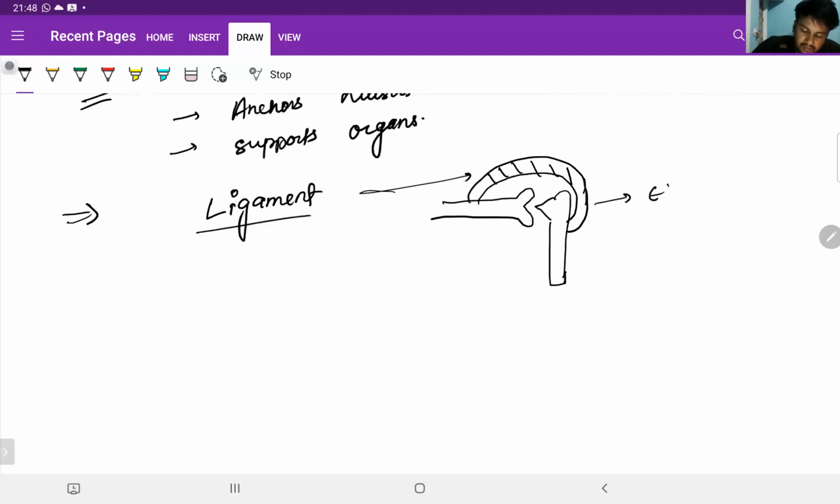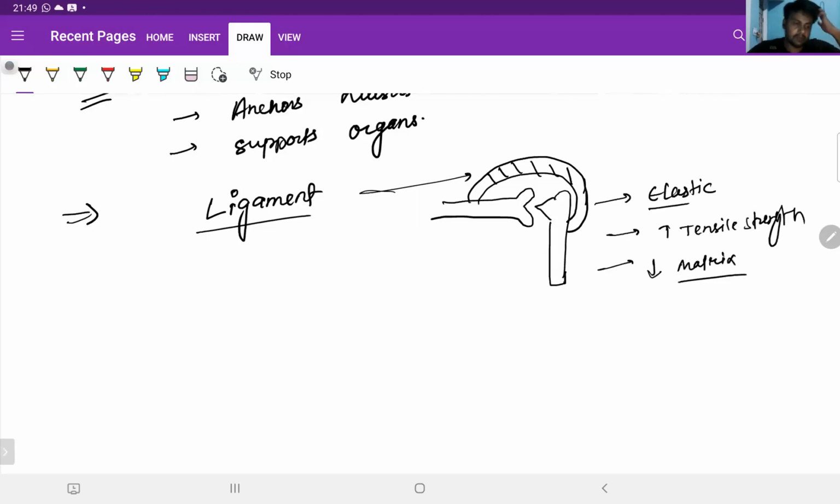These are elastic, because at this point there will be a lot of mobility. To support that mobility, it needs to be elastic. And they have very high tensile strength, such that they can bear a lot of stress and strain, and very little matrix. So these are the features of ligament.